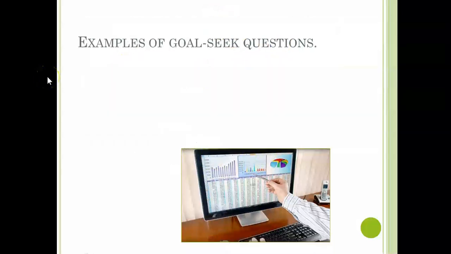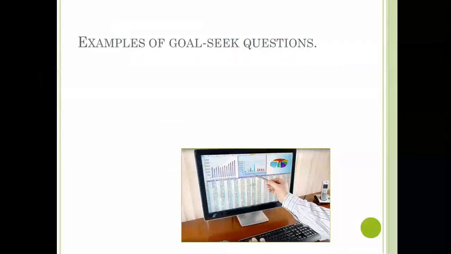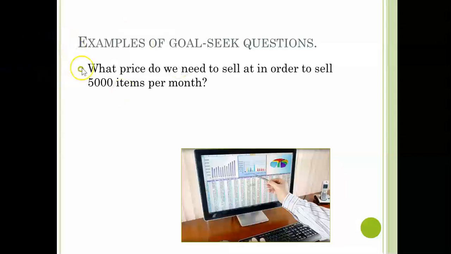So examples of goal-seek questions. If you are working in a financial model, in a spreadsheet, and the spreadsheet is a financial model of a business or a company, what questions could we ask that would be considered goal-seeking questions? Let's have a look at 2 examples. One could be, what price do we need to sell a specific item at in order to sell 5,000 of those specific items per month?